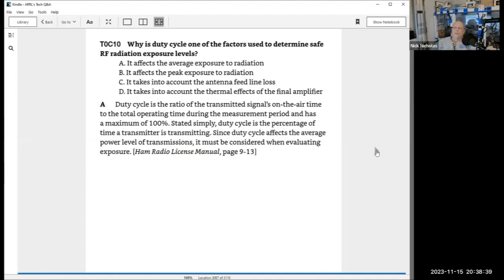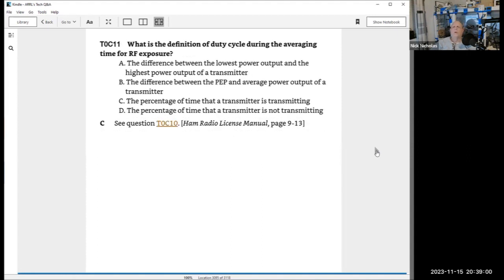Why is duty cycle one of the factors that determine safe RF radiation exposure levels? It affects the average exposure to the radiation, to the electromagnetic radiation. Duty cycle controls how much is going out at a time on average. What is defined by duty cycle during the averaging time for RF exposure?